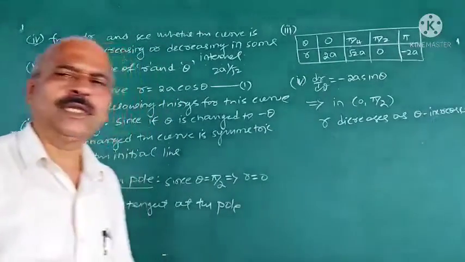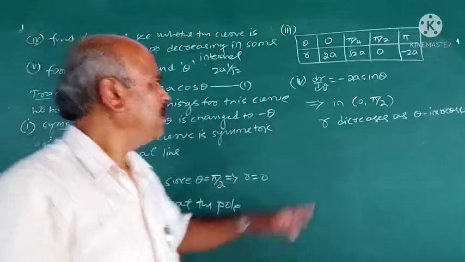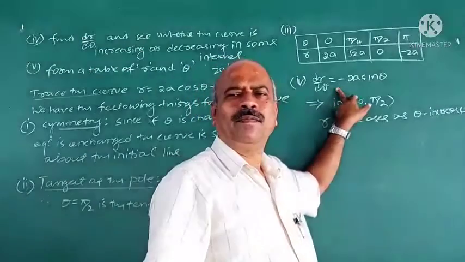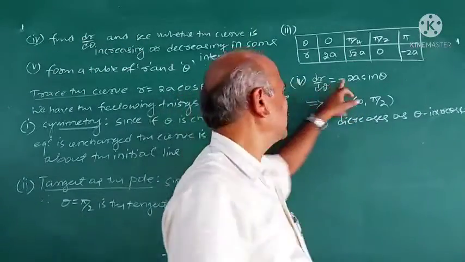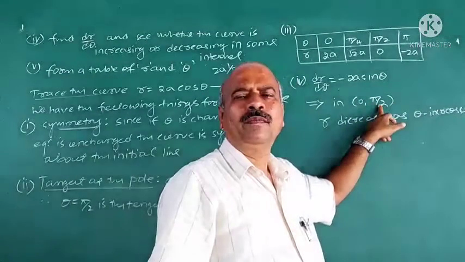That also helps in drawing or tracing the curve. Differentiation of this gives minus 2a sin theta, and sin theta is positive in 0 to pi by 2.